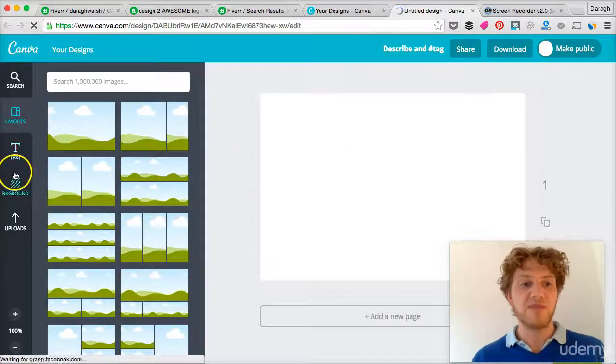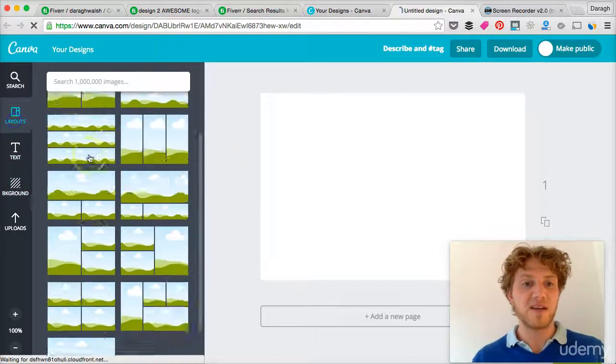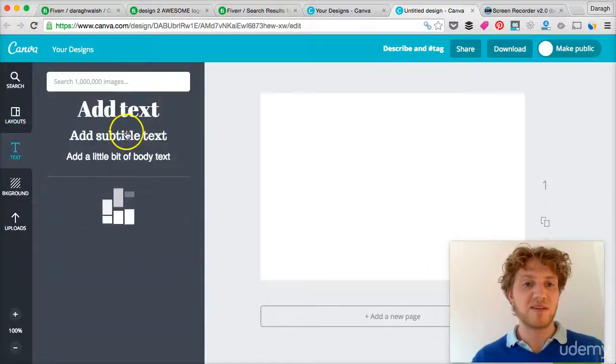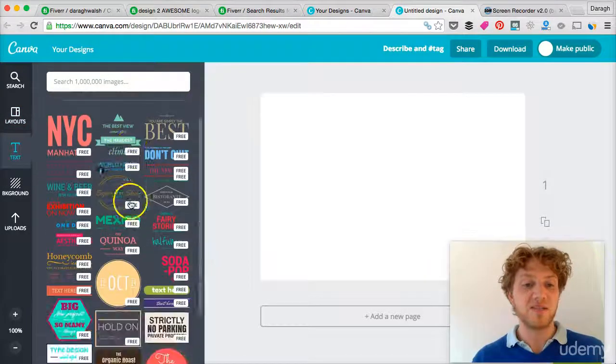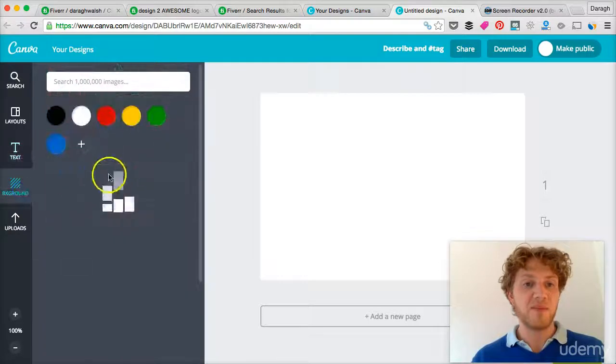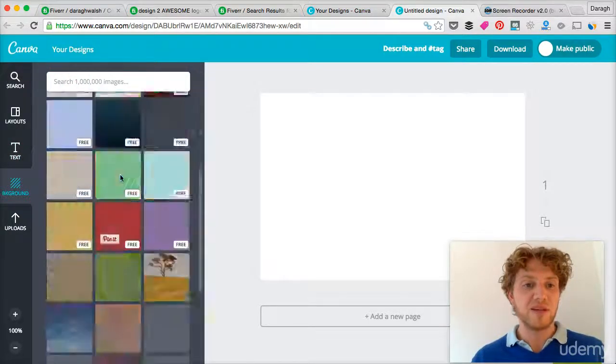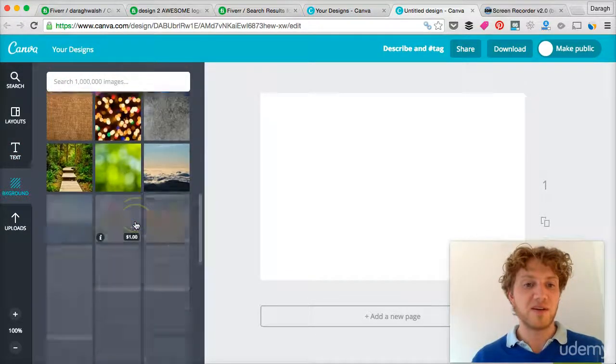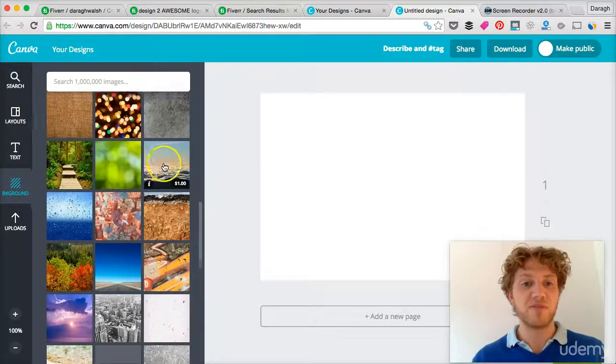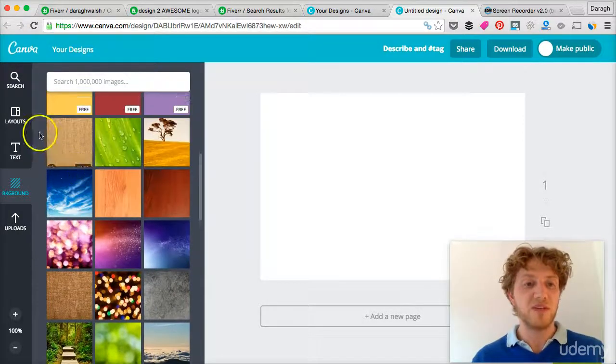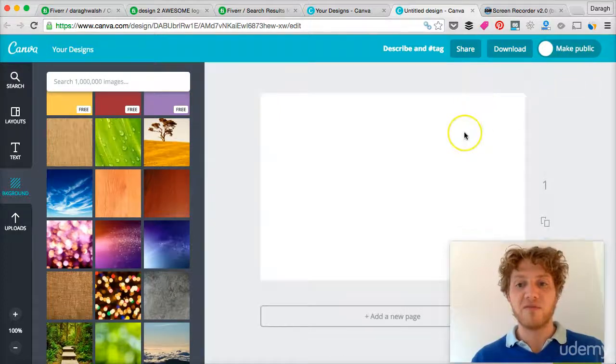Canva's really good because there are a lot of layouts you can use, and a lot of different texts and designs, backgrounds and stuff. There's just a lot of options here, and a lot of it's royalty free. Some you have to pay for, but you can make a very nice design for no cost at all.